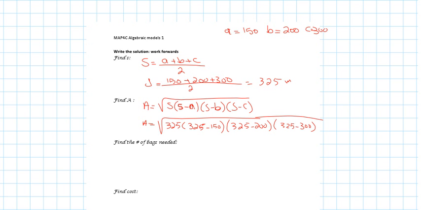Okay, and that's going to be meters squared. Oh, there's a point? 0.3. Does that make sense? Now, I found the area of the triangle. Now I need to find how many bags.